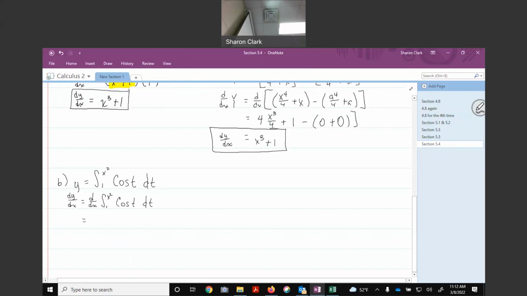So notice the bottom is the number. The top is the expression. So we're going to do cosine of x squared times the derivative of what we plugged in. So that's cosine x squared times 2x, which we'll write as 2x cosine x squared. Left my x off.